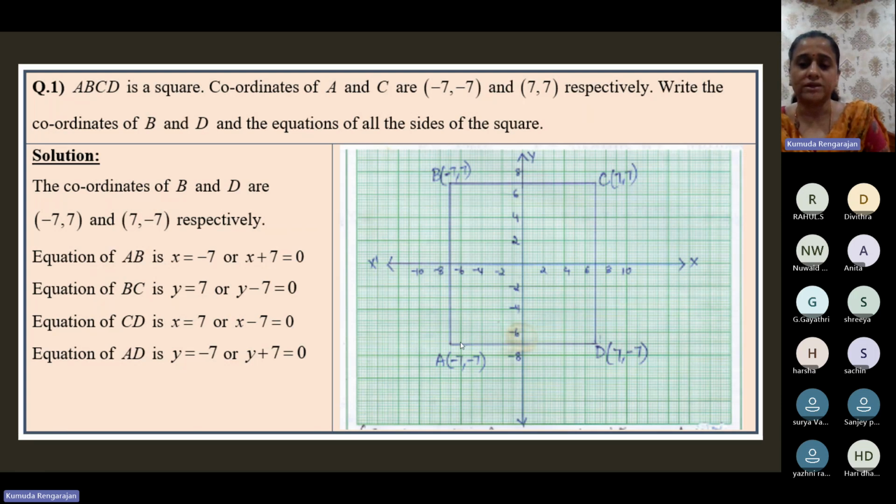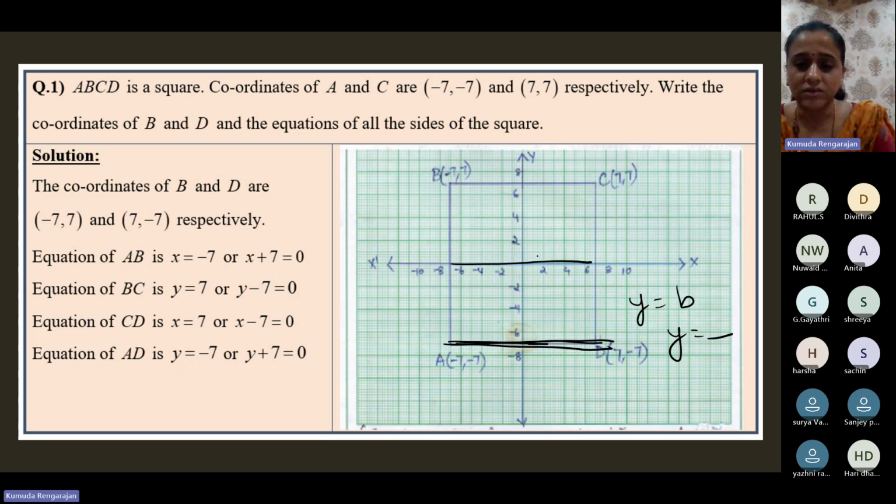Equation of AD. AD is parallel to the x-axis, so its equation will be of the form y is equal to b, or y is equal to a number. Now AD lies below the x-axis, so it will be negative, and the distance is 7 units.